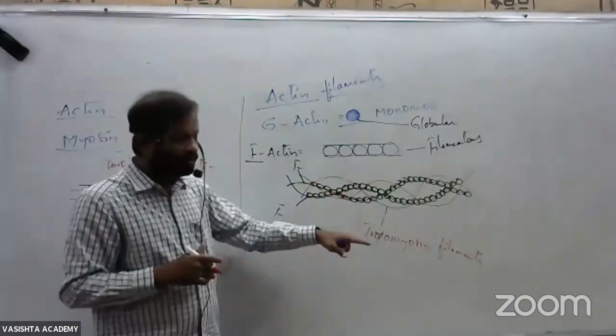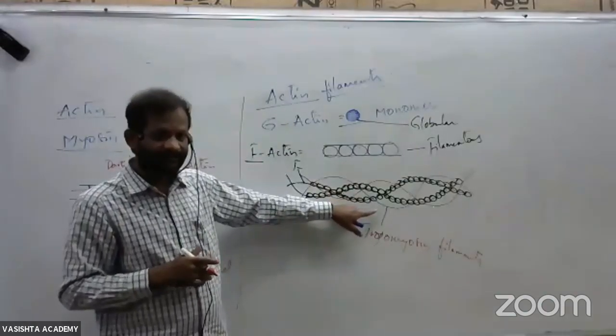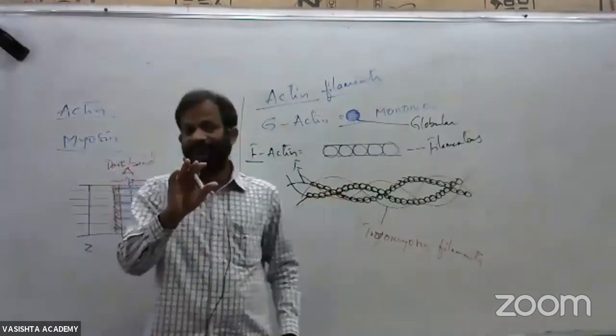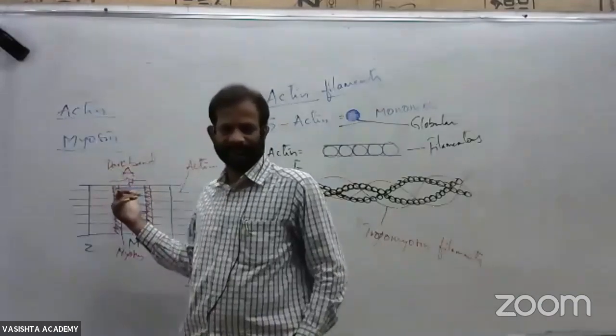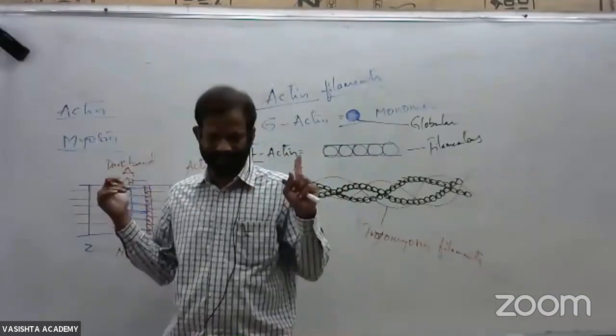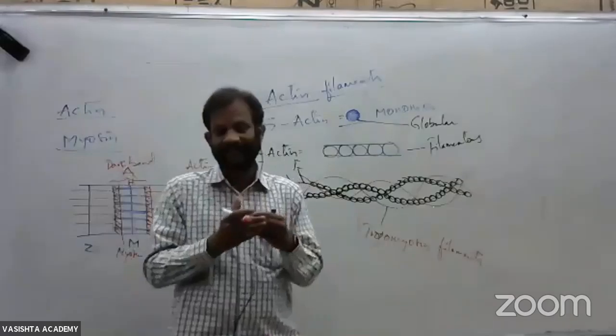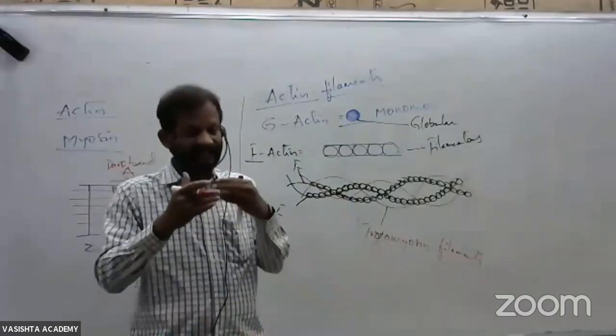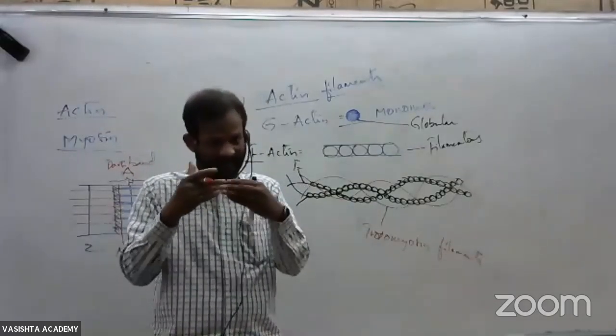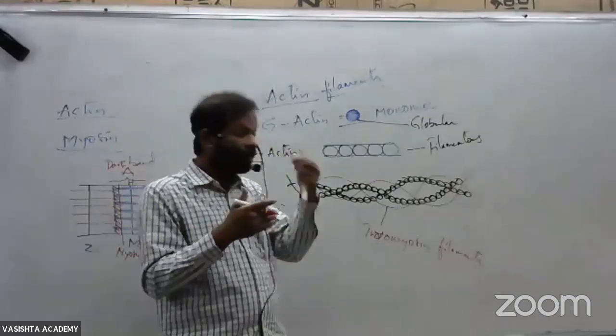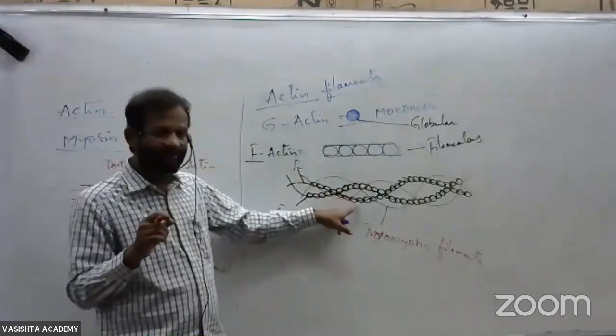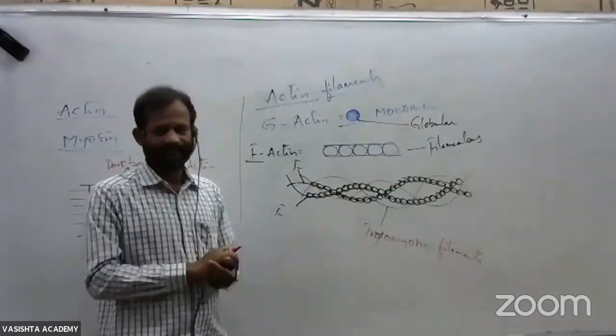If we remove tropomyosin filaments, actin filament will never attach with myosin. No muscle contraction. So for muscle contraction, actin and myosin must have some association link. That link is brought by these tropomyosin filaments.